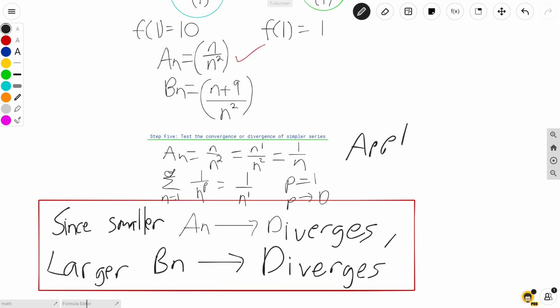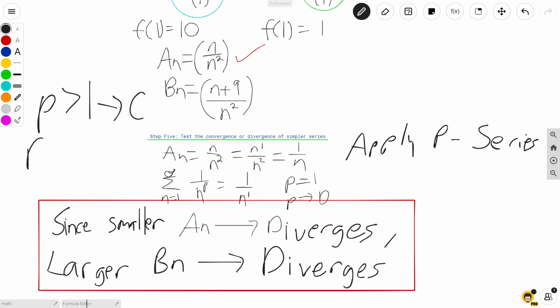So apply p-series, because that's what we did essentially right here. And in doing so, we found out that p is equal to 1. I'll write the conditions real quick. When p is greater than 1, converges. p is less than or equal to 1, diverges. Those are the conditions for a p-series. These right here.